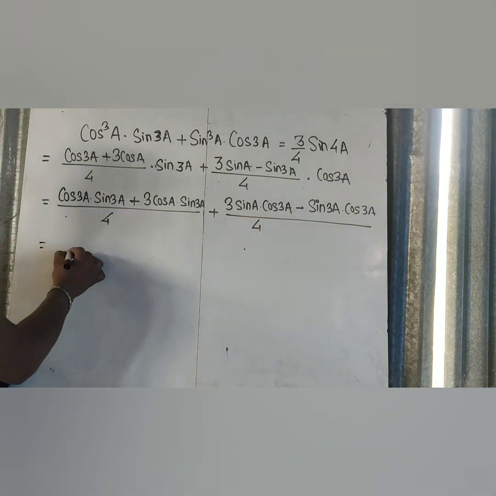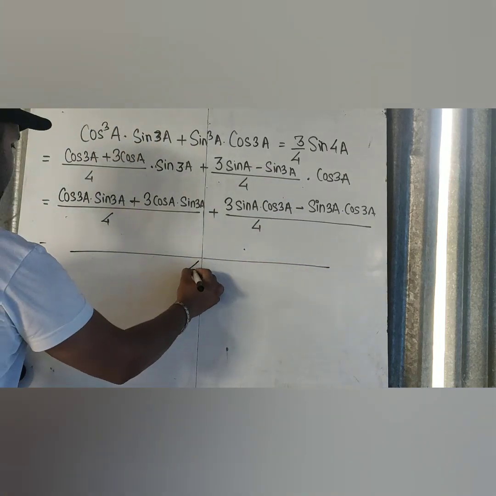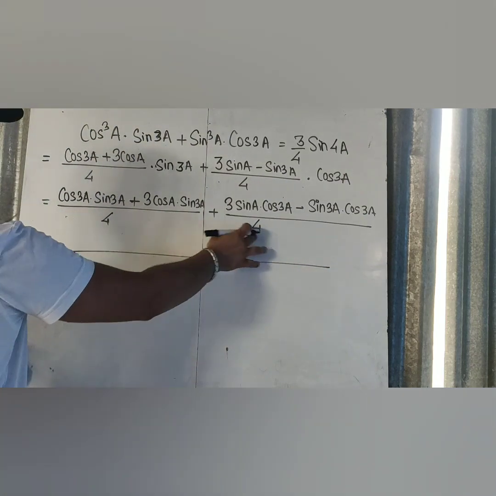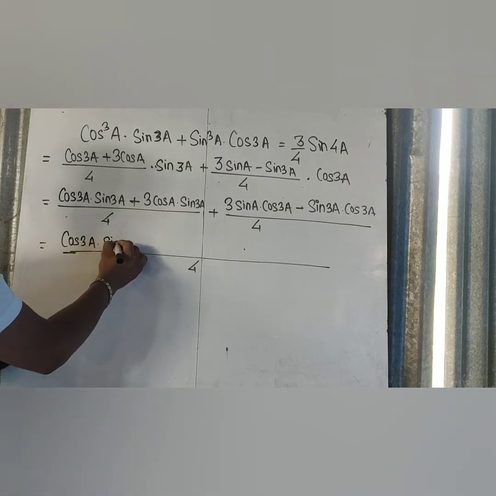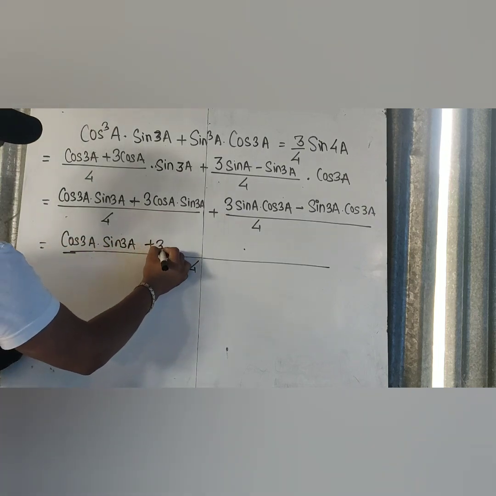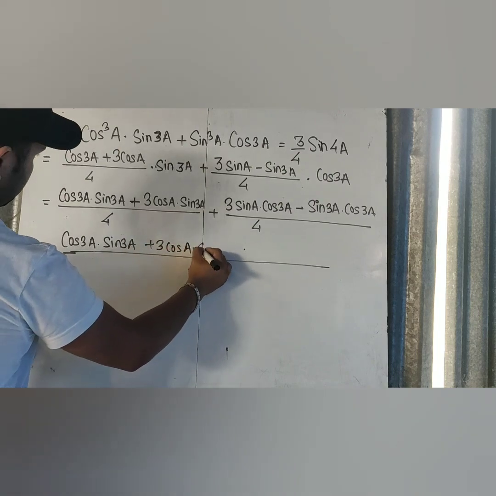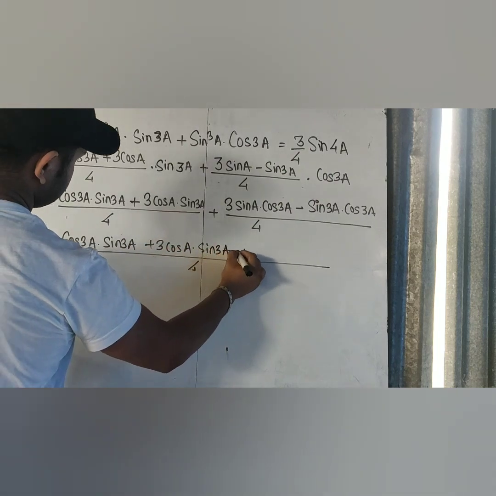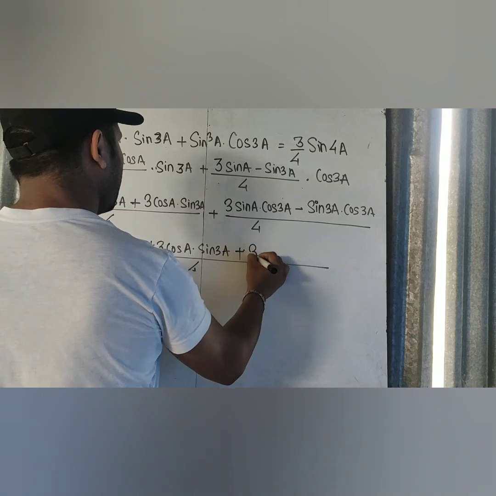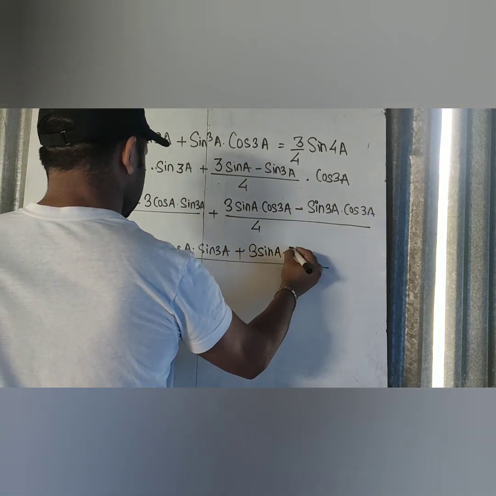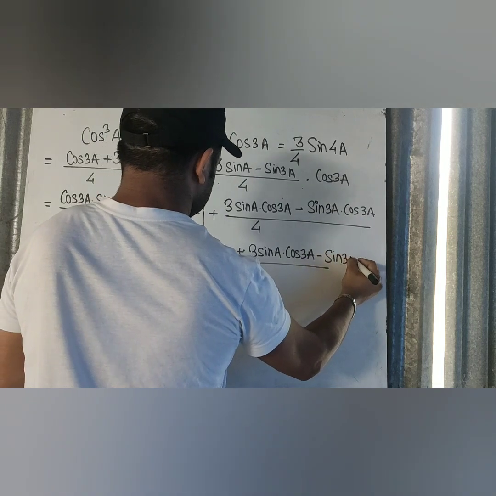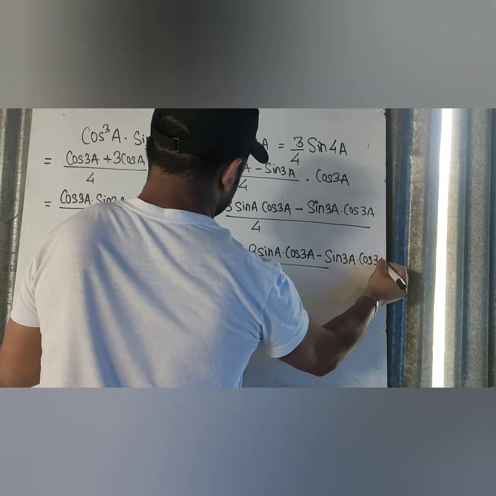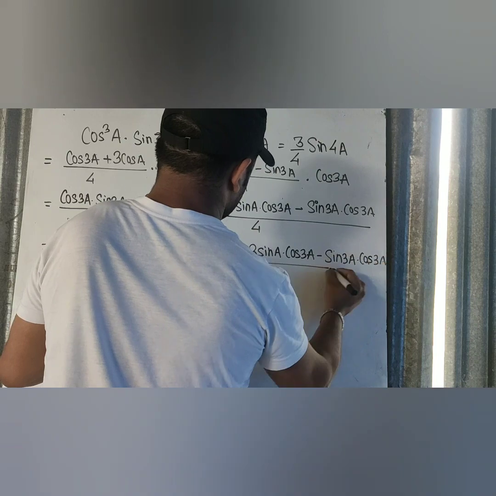Now we can take the LCM of the denominator, the LCM being 4 because you have 4 and 4 here. Now everything else remains the same.